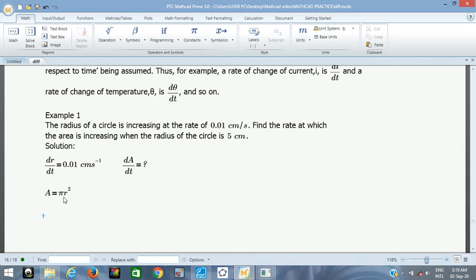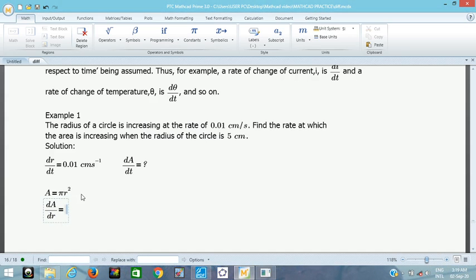So if area of a circle is pi r squared, then let's differentiate it. You differentiate the area with respect to r. You remember our rules for differentiation: the power will multiply the constant in front.